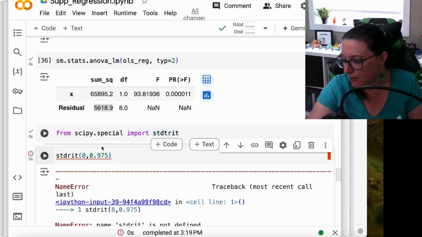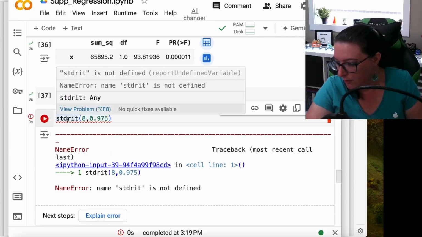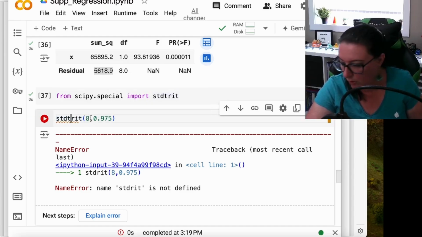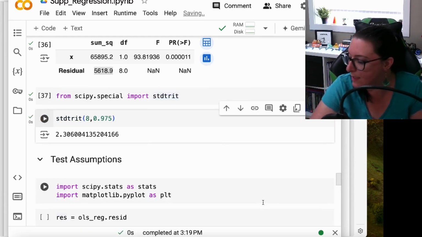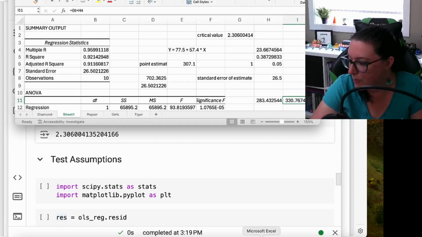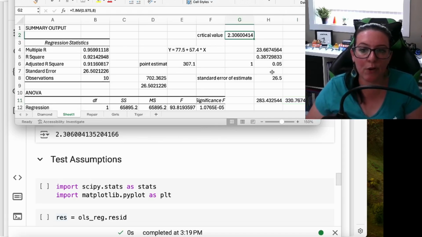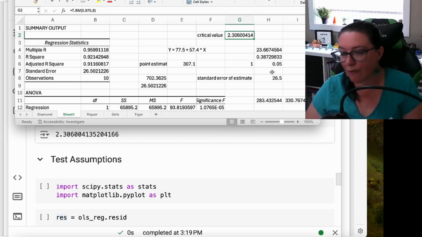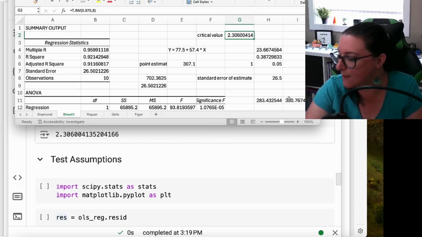And when we do that, we get 2.306, and if we go back to what we found in our Excel, 2.306. So you can get critical values in Python as well when you're having to do some of this stuff by hand, because even Python doesn't automatically do some of these things.